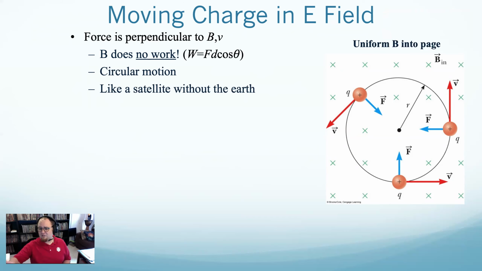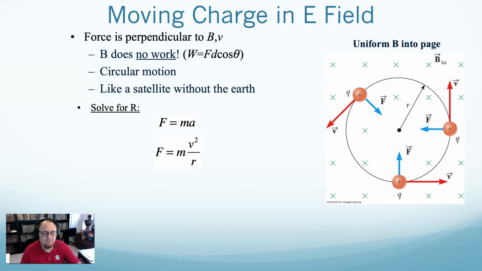Because in this setup, if this is a positively charged particle and I set its velocity going straight up when it enters this magnetic field, if B is into the page, my thumb points to the left, that force to the left is going to turn it. And this is going to be just like dealing with centripetal acceleration, that thing from Physics 1. We'll say F equals ma, but it's moving in a circle, so a is v squared over r.